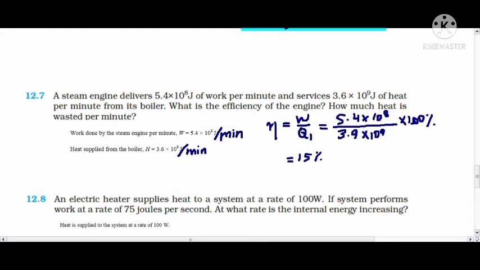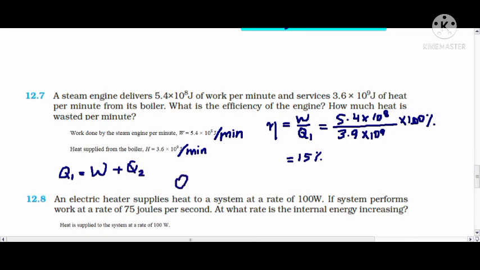Now, how much amount of heat is wasted in this process? So we can see the heat wasted. If amount of heat Q1 is absorbed, then this Q1 is used to perform work plus the heat wasted Q2.